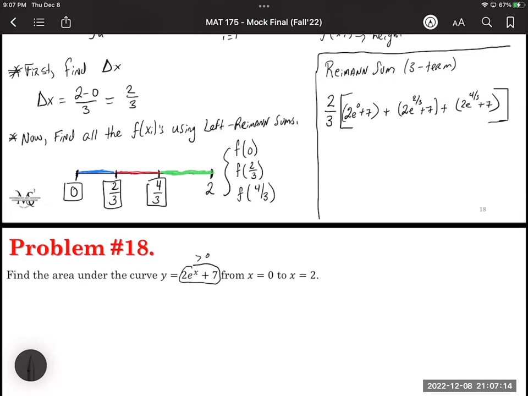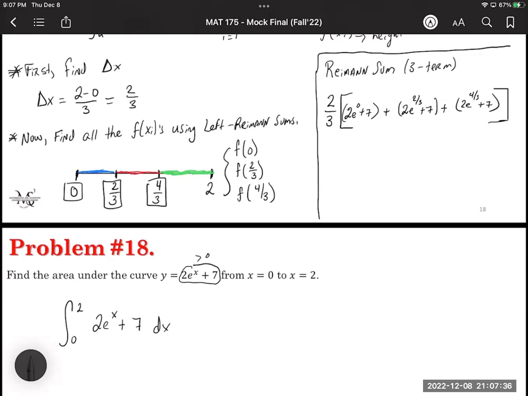All I can do is just set up an integral and evaluate it using the second fundamental theorem of calculus. So if I set up my integral, the lower limit of integration was 0, the upper limit of integration was 2, then you will have 2e to the x plus 7 dx.